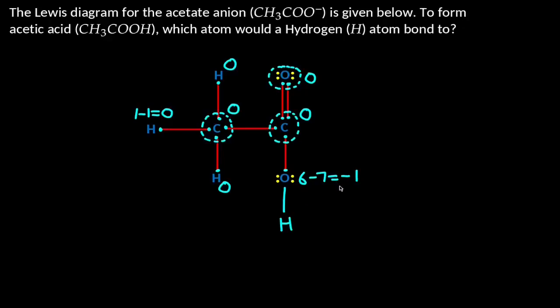So therefore this oxygen here now has 6 assigned electrons, which gives it a formal charge of 0. And this hydrogen has 1 assigned electron and 1 valence electron, so that also has a formal charge of 0. And therefore this is a likely Lewis diagram for acetic acid.